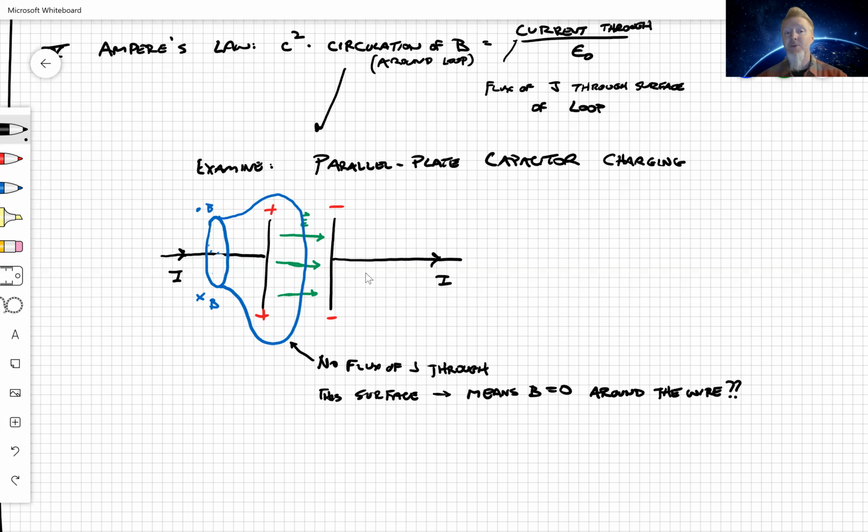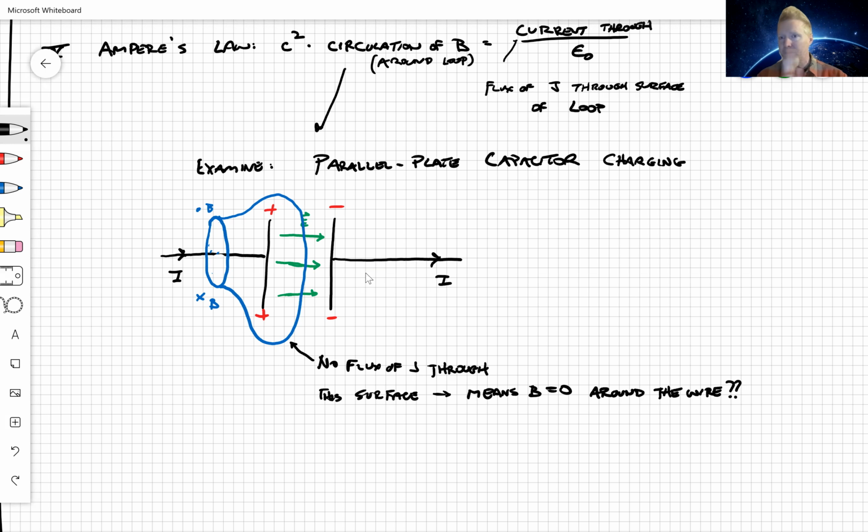Now, fortunately, Maxwell fixed it for us. What he did was he said, wait a minute, what about the flux of something? Something is fluxing through the surface. It's not the current anymore, it's not current density. It's the electric field. Can you see that? I have my surface in the middle of the capacitor.